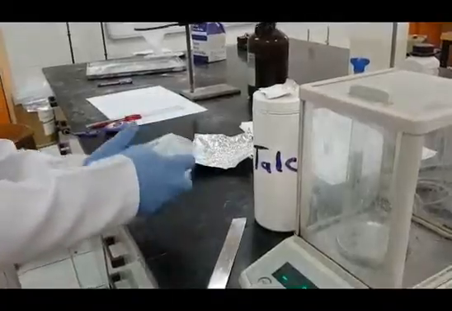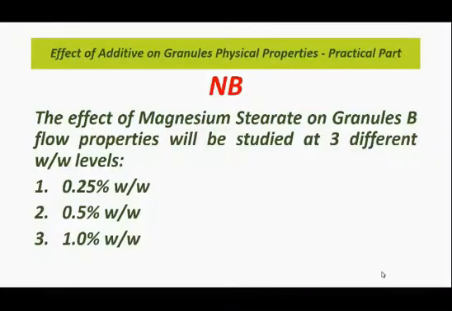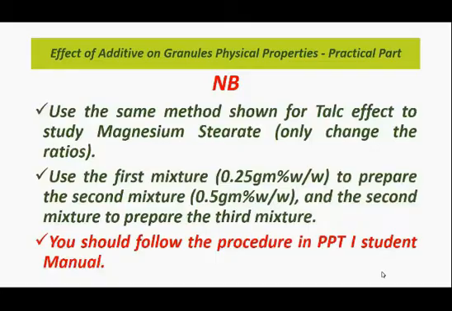Now, the effect of magnesium stearate on granules B flow properties will be studied at 3 different levels. These levels are 0.25 gram percent weight per weight, 0.5 gram percent weight per weight, and 1 gram percent weight per weight.